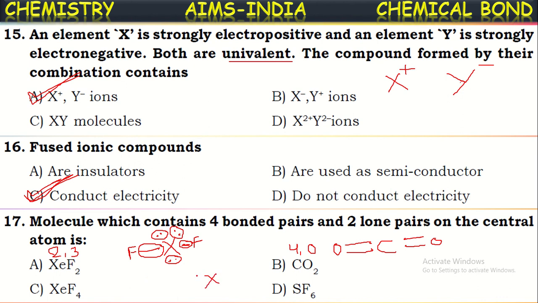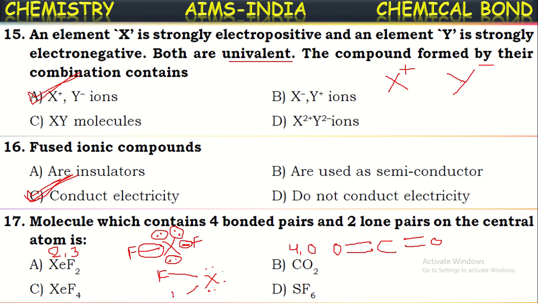So xenon will be having 4 bond pairs, and totally 8 electrons in its valence shell, isn't it? So 1, 2, 3, 4, 5, 6, 7, 8. In this way it is participating in the bond formation with the 4 fluorine atoms.